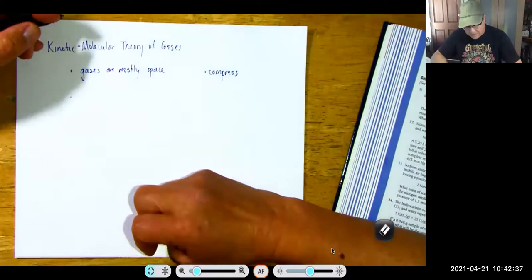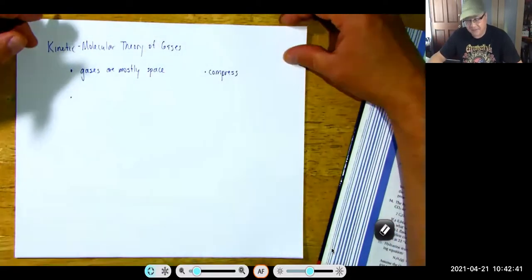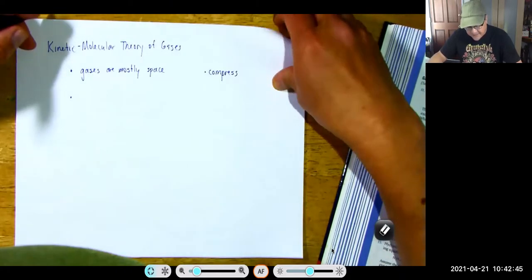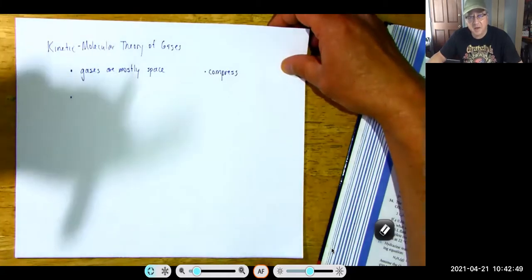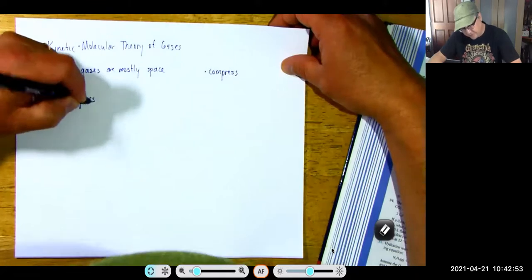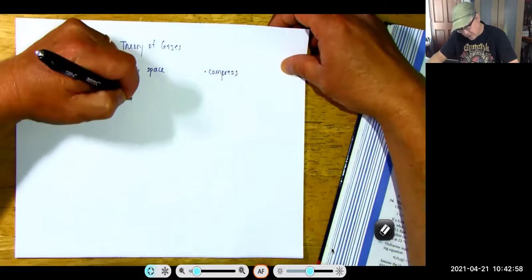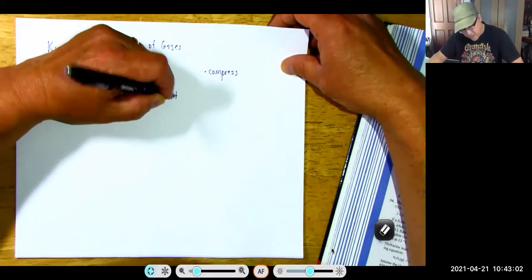Okay, so that's one of the ideas of the kinetic molecular theory of gases. Another one is the idea that the particles are in constant random motion. So the gas particles are in constant and random motion.